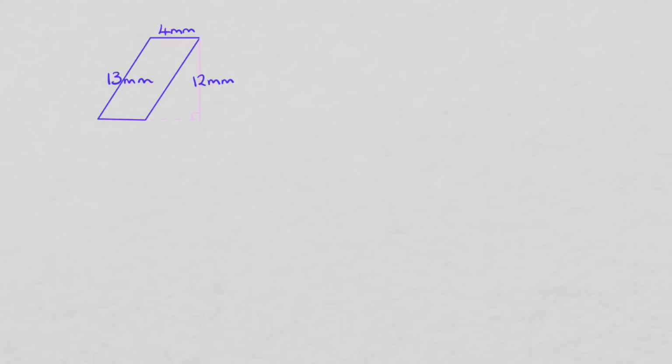Right, got parallelogram here. So remember again, your base and height have to be at right angles to each other. So the two measurements that we're given that are at right angles to each other is we've got this one here and this one here.